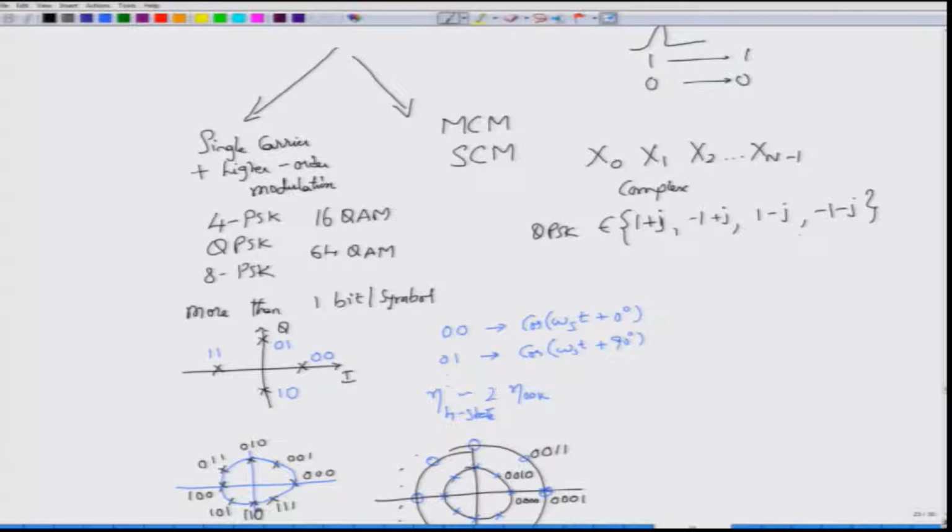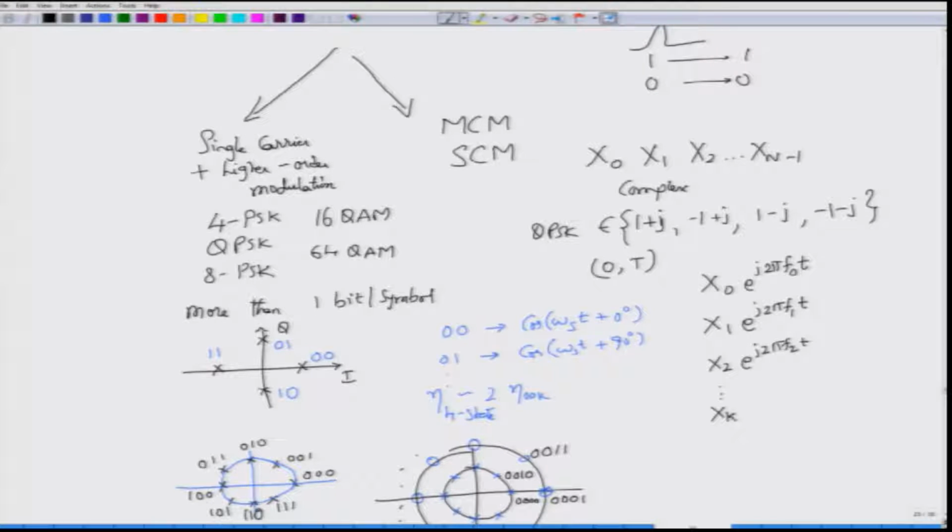What we do is, over a particular symbol period, so let us say 0 to t, let us multiply each of these symbols with a bank of modulators. So, let us say I take this x0 and multiply it by e power j 2 pi f0 t, multiply x1 with another complex sinusoidal signal, e power j 2 pi f1 t, and then you have x2 e power j 2 pi f2 t, and so on.